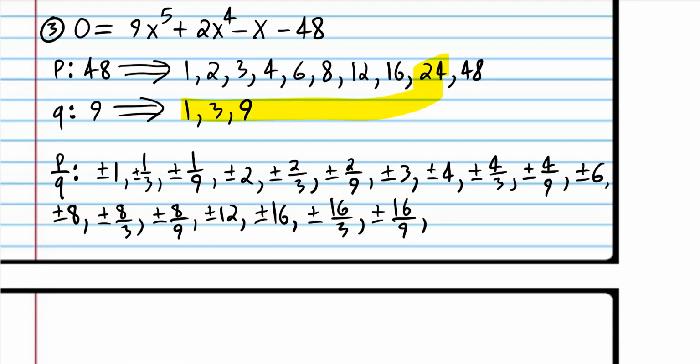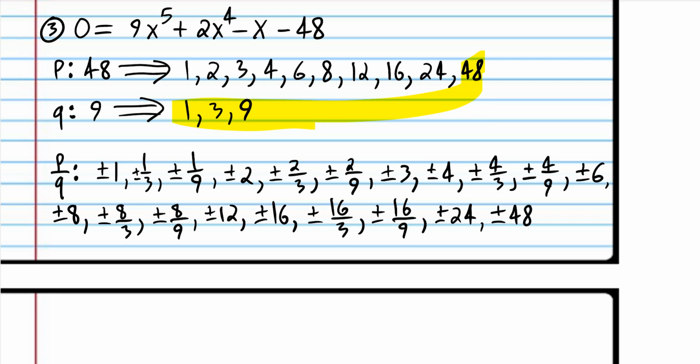And then 24 divided by 1 is 24. And 24 divided by 3 is 8, but we already have 8, so we don't have to rewrite that. And 24 divided by 9 is 8/3, but we already have 8/3 in the list, so we don't have to write that. And lastly, we're going to divide 48 now. 48 divided by 1 is 48.